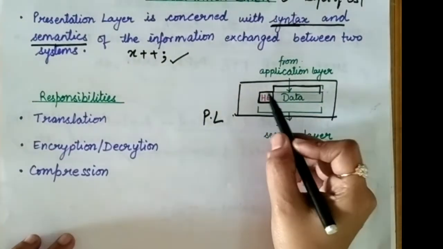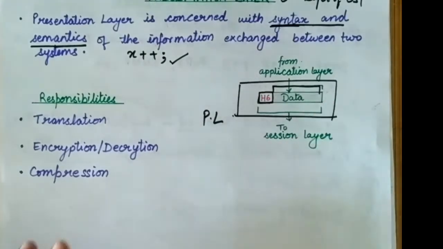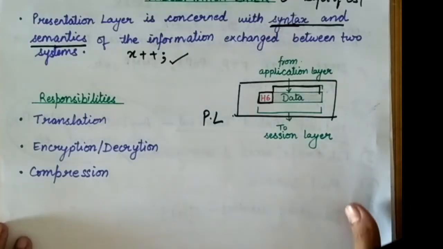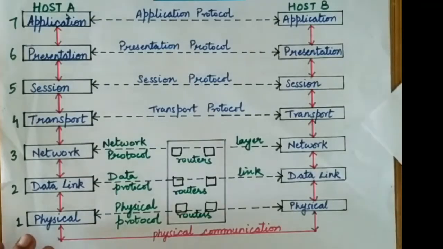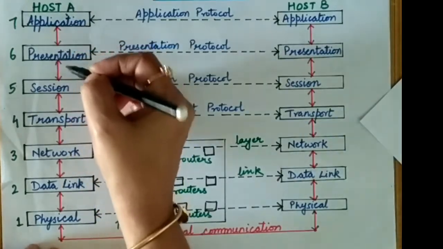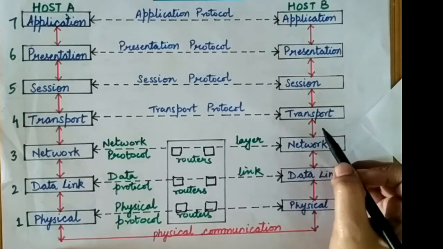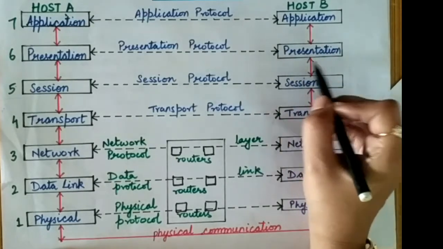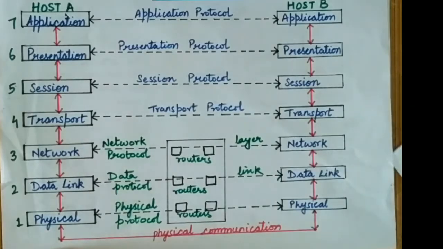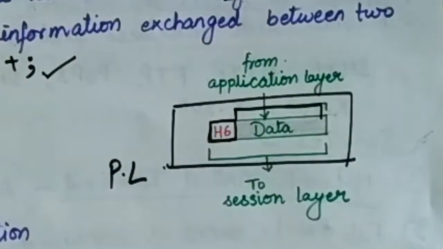So the presentation layer will also add this header, and this header will be removed at the corresponding layer of the receiver. It means that the header was added at the sender's machine, and when it reaches the destination, the receiver machine, the presentation layer at the receiving machine will remove this header.